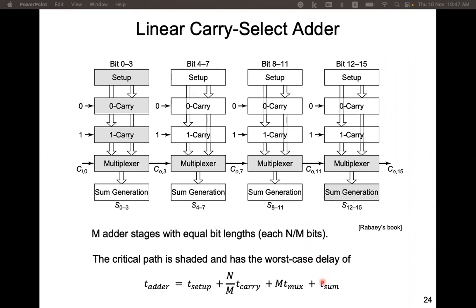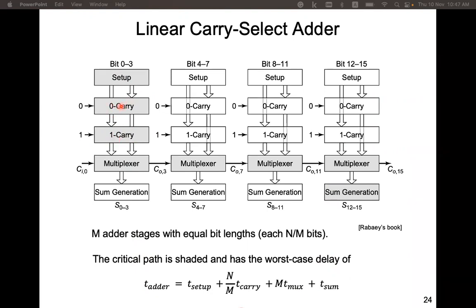Okay, so lastly, this part. Now I haven't explained this equation. Let me explain this. The critical path has this delay. First is setup time. And then the delay time needed in this carry generation.